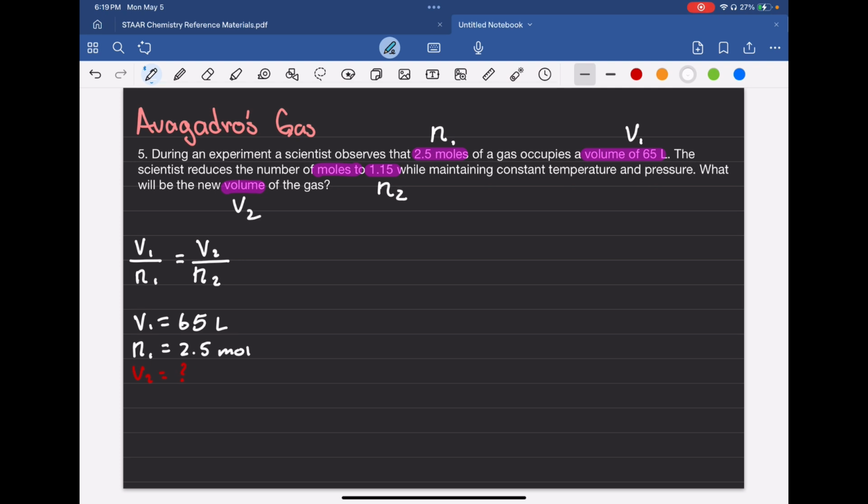And moles 2 is 1.15. Let's input these variables in our formula. Volume 1, we're going to start here. Volume 1 is 65 divided by moles 1, which is 2.5. Volume 2 is unknown, divided by moles 2, which is 1.15.